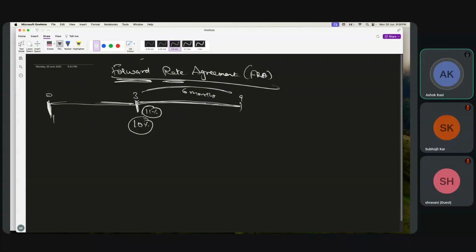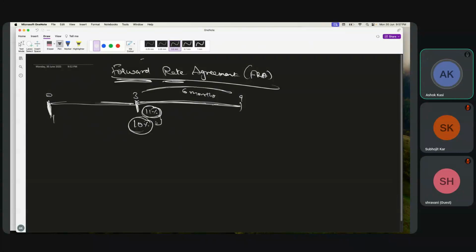So everybody else is borrowing at 11%, whereas you are borrowing at 10%. So you are getting the benefit of 1%. This 1% will be your profit. So that is your expectation, thinking that the interest rate will go up.